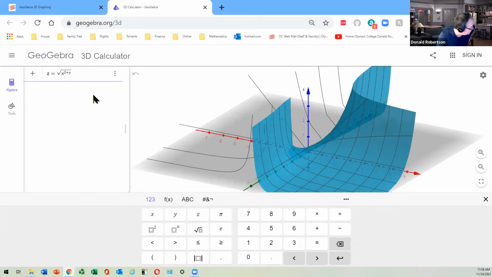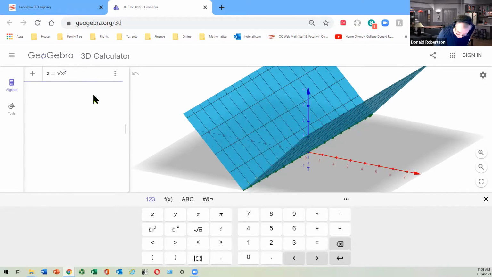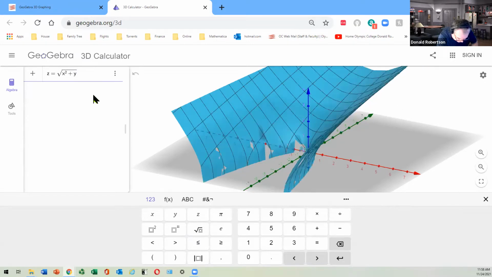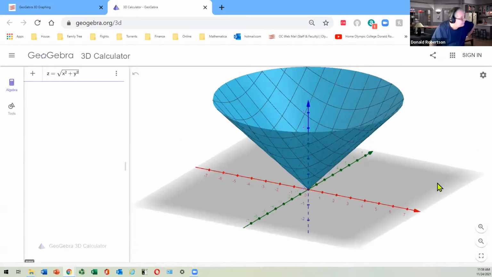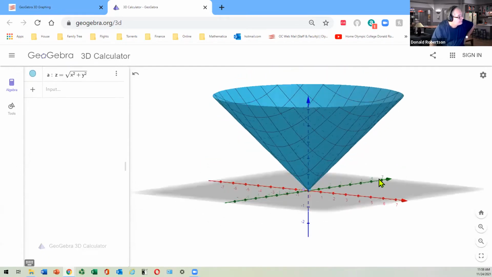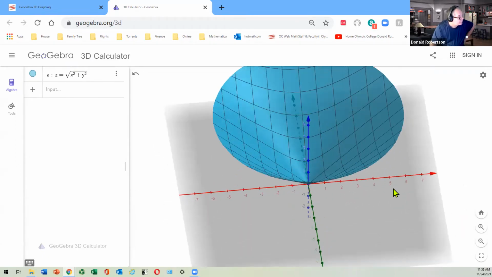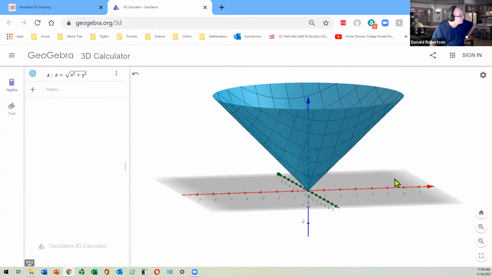Oops, it helps when you put the thing in the right place. You let the software take the strain, and what you get to see is there, you see it? It's the surface of a cone, an infinite cone going upwards.